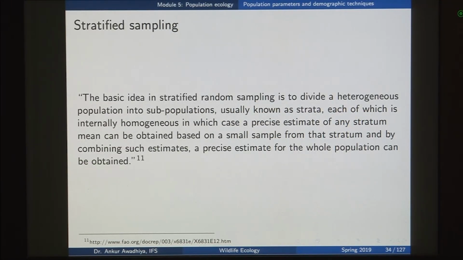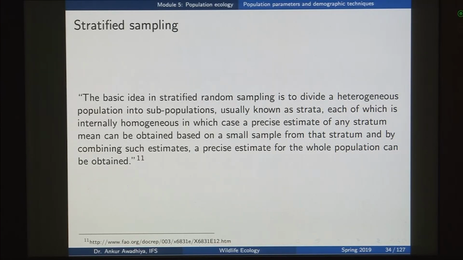Now, the basic idea in stratified random sampling is to divide a heterogeneous population into subpopulations, usually known as strata, each of which is internally homogeneous, in which case a precise estimate of any stratum mean can be obtained based on a small sample from that stratum, and by combining such estimates a precise estimate for the whole population can be obtained.